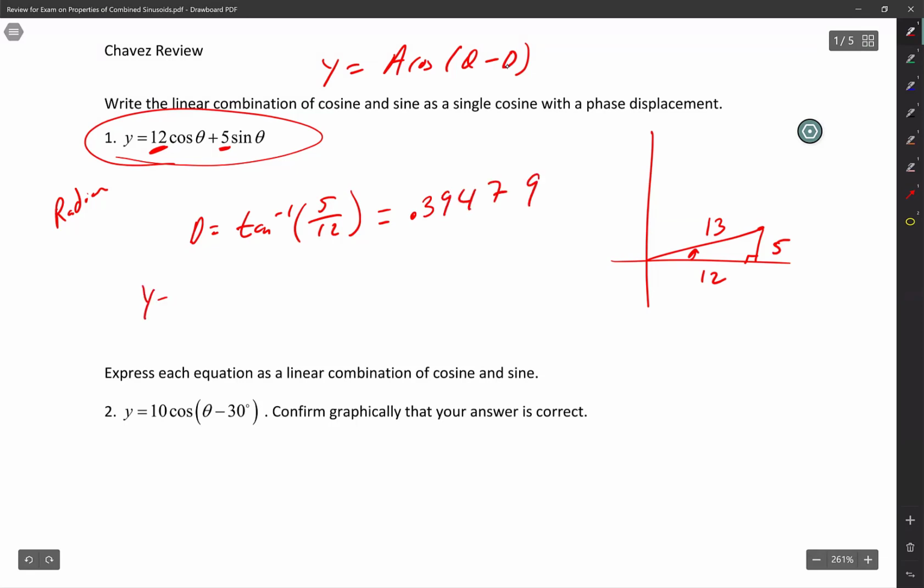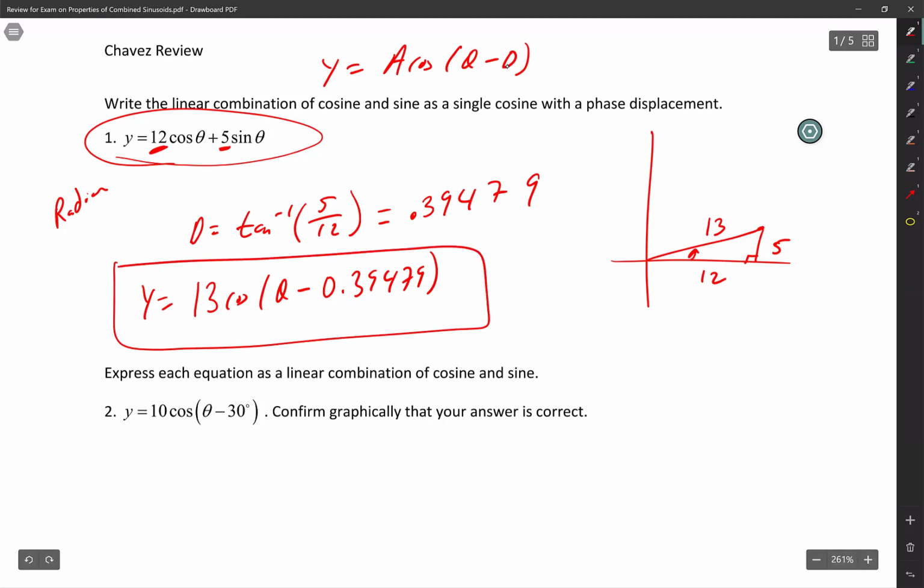So here is my equation. Y equals A, y equals 13 cosine theta minus 0.39479. This is rounded, or it might be truncated. Oh, it's rounded. It doesn't matter. And there it is. And I think we can all do that, right?